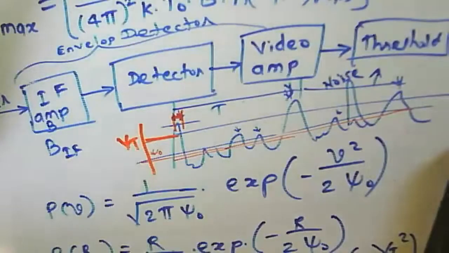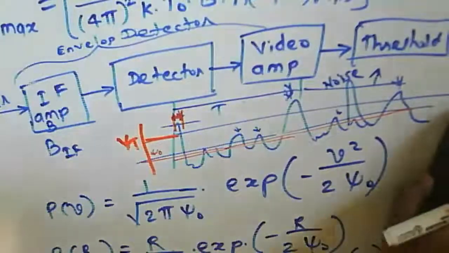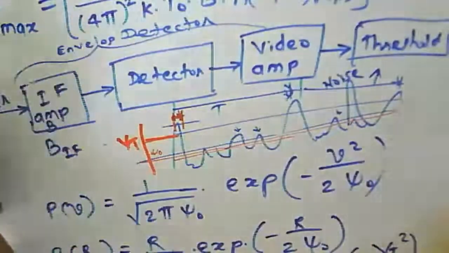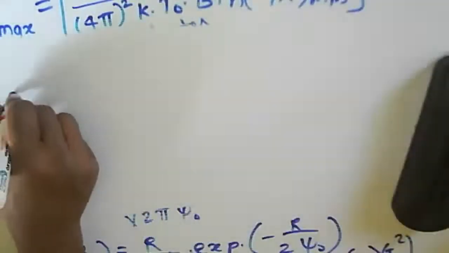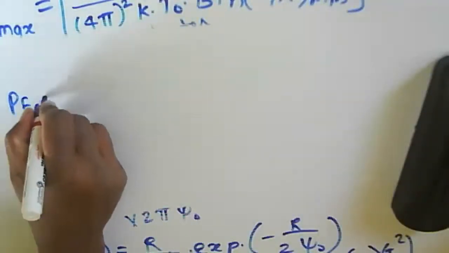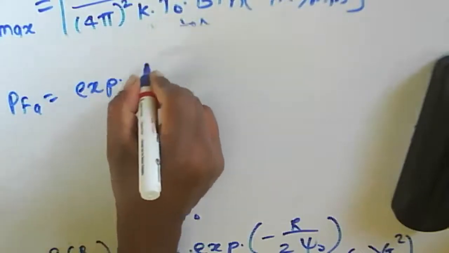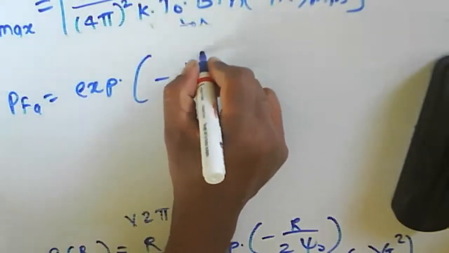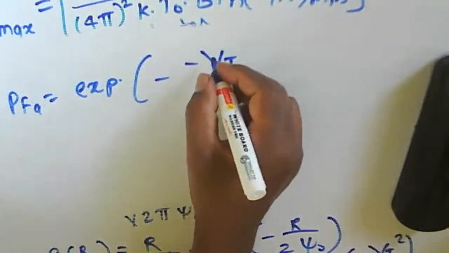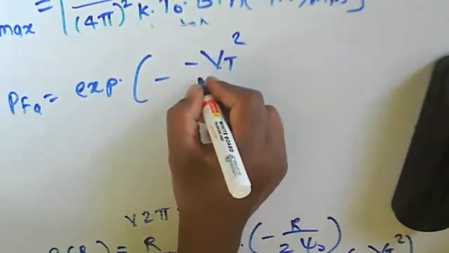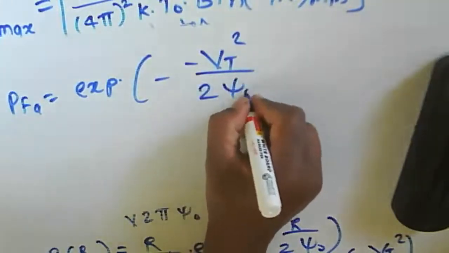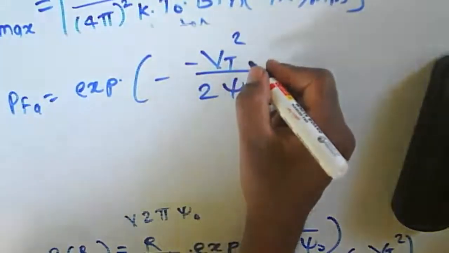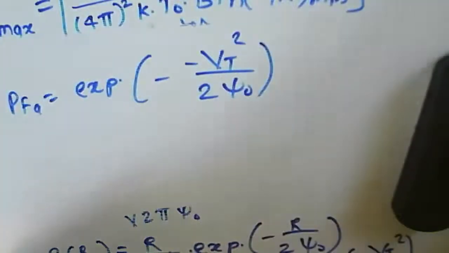I'll rewrite it again here: the probability of a false alarm is the exponential of minus Vt square by twice psi. This is our term.